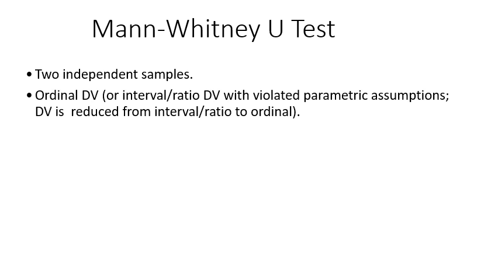This is when you have an ordinal dependent variable or an interval ratio dependent variable with violated parametric assumptions. In that case, the dependent variable is treated as ordinal. It is a test that, as you're going to see when we get to it, is basically looking at it in a very similar way to the median.